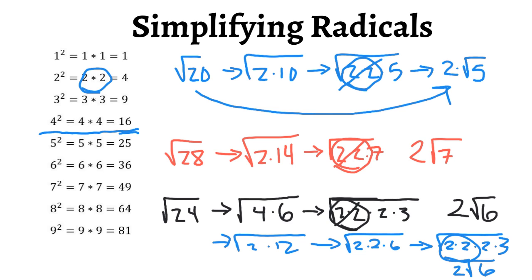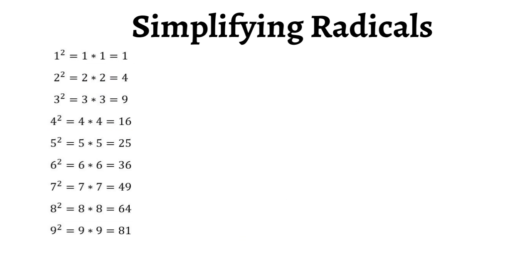All right, let's do some examples. Let's talk about the square root of 27. 27 is not an even number, so it cannot be divisible by 2, but it can be divisible by 3. I can break this down as 3 times 9.